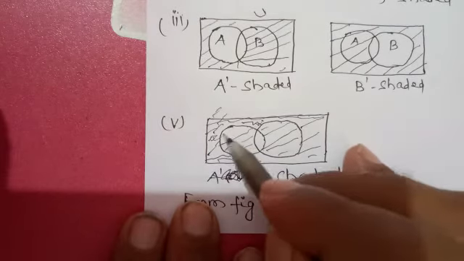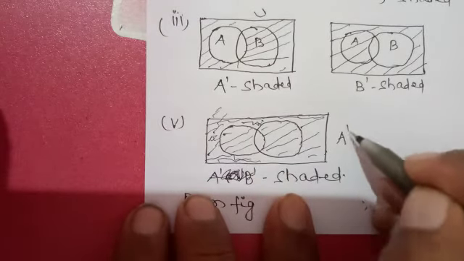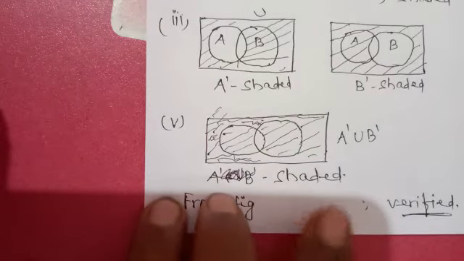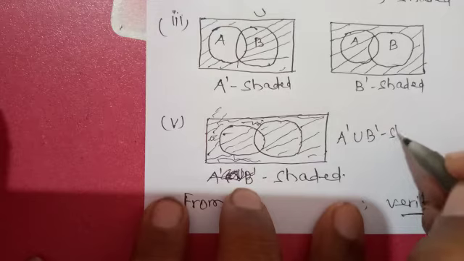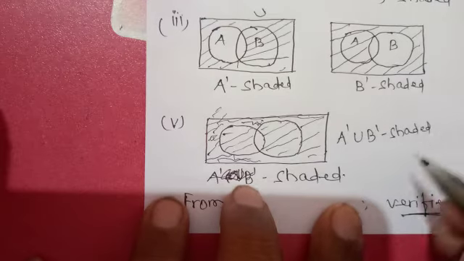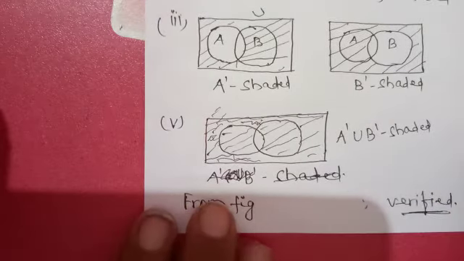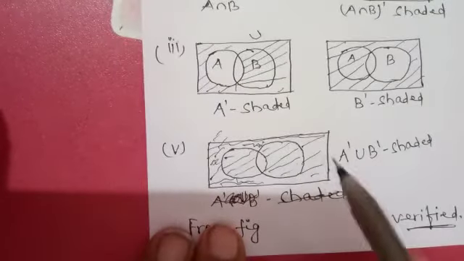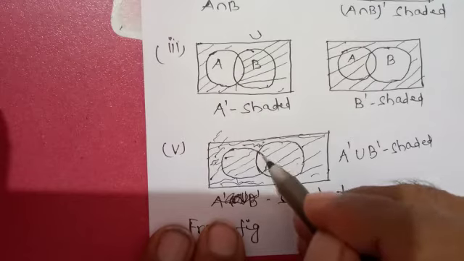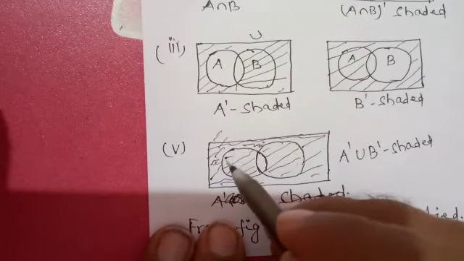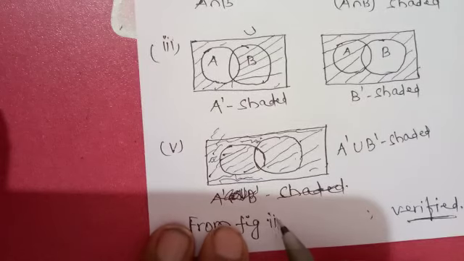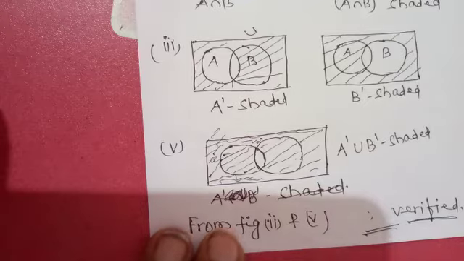I write here A complement union B complement. Actually this is your De Morgan's law. And finally write: from figure 2 and figure 5, this part is not included in the complement of A as well as B. So from figure 2 and figure 5 the law is verified.